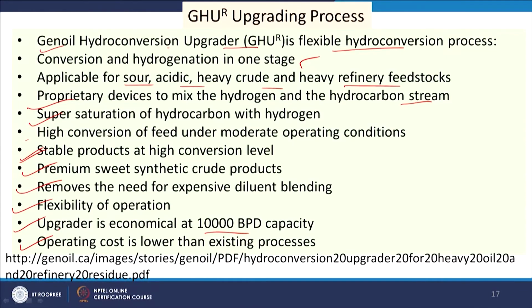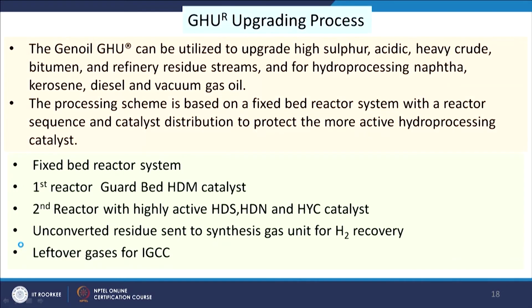These are the claims made by Genoil as available on their website. And if we see the basic features of this GHU upgrading process, this Genoil GHU can be utilized to upgrade high sulfur, acidic, heavy crude, bitumen and refinery residue streams through hydroprocessing to produce naphtha, kerosene, diesel and vacuum gas oil.